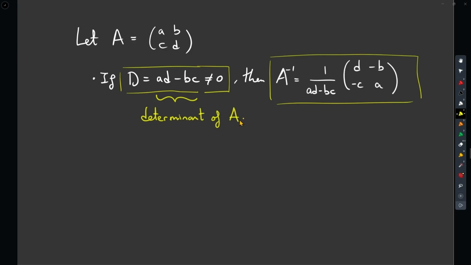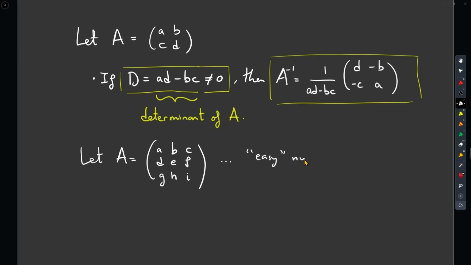of the matrix A. So what I would like to do is find a similar quantity for the invertibility of a 3 by 3 matrix. Is that possible? In particular, if I have a matrix A, B, C, D, E, F, G, H, I, can we have some relatively easy numerical condition that determines invertibility?